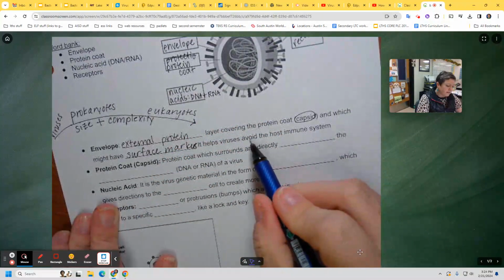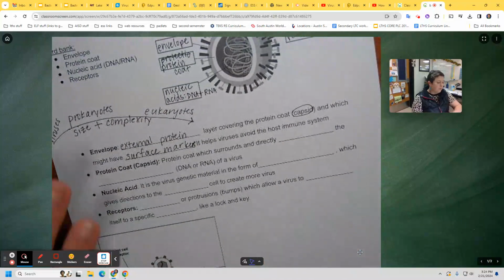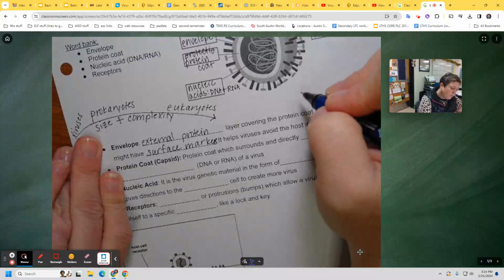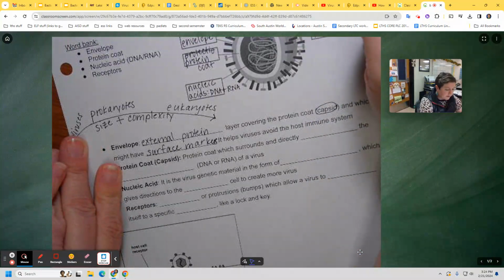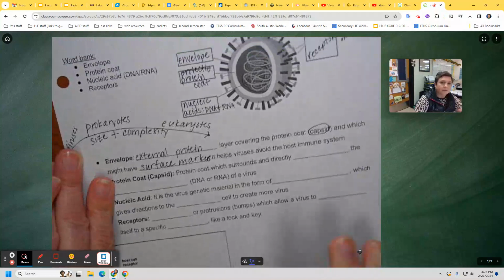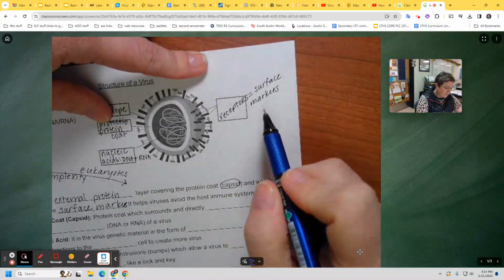It helps viruses avoid the host immune system. So, right now, we are saying receptors are the same thing as surface markers. Okay, so those things are the same, receptors, surface markers.